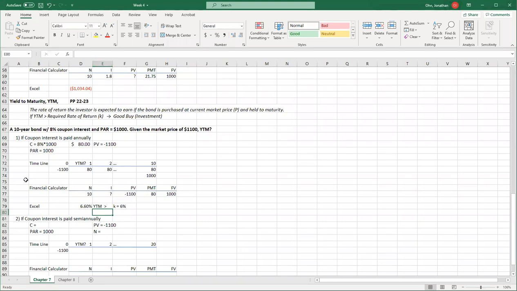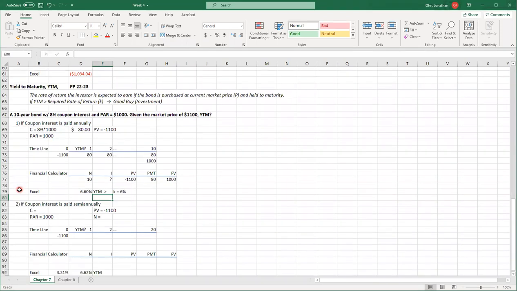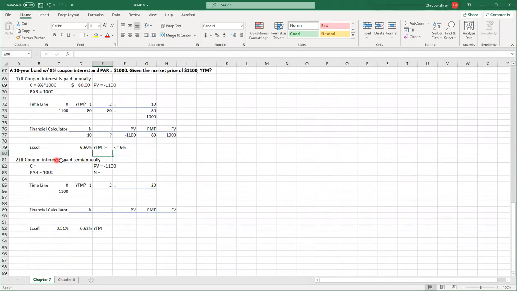So this is the case when coupon interest is paid annually. But let's do the second part, if the coupon interest is paid semi-annually. So in this case, 8% times $1,000, that's for 1 year, right? But to get the coupon payment for semi-annual, 6 months, divide that by 2. 8% times $1,000 divided by 2 is $40, right?